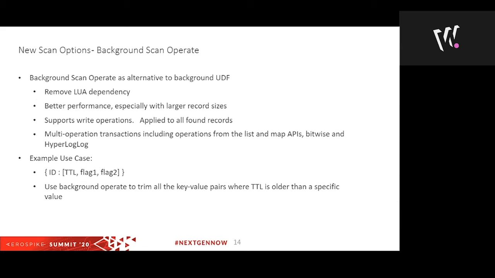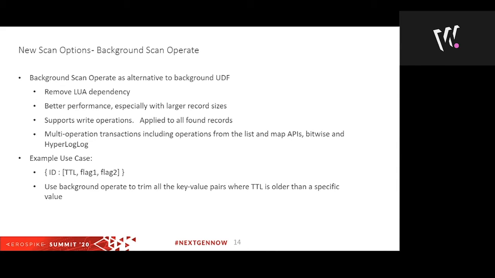Moving on, we have new scan options. This one, background scan operate, I believe is also released with 4.7. This is a new feature where you can use a background scan operate as an alternative to background UDF queries. Similar to before, this removes any dependency on UDFs, so you can get much better performance, especially with larger record sizes.